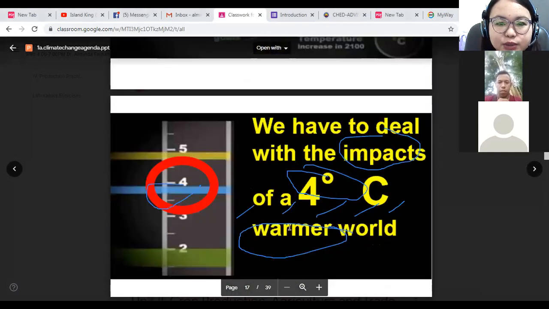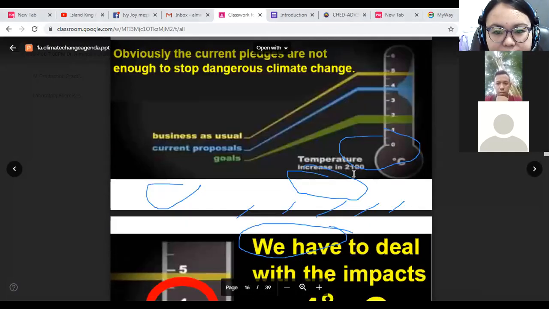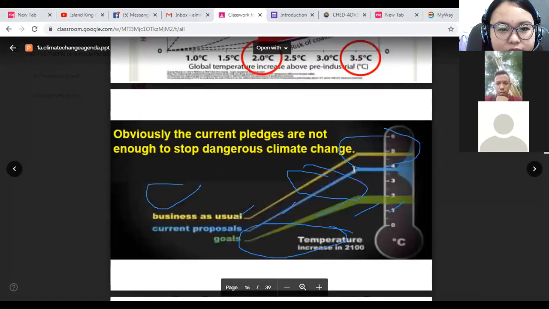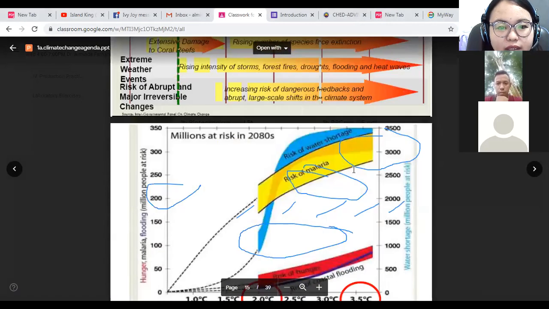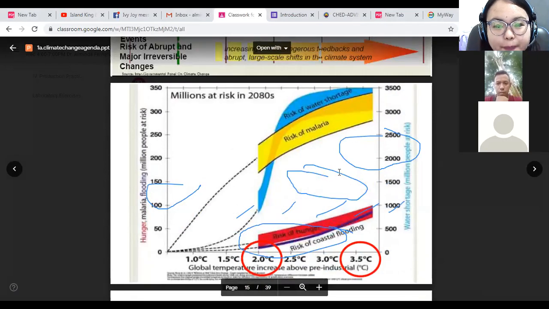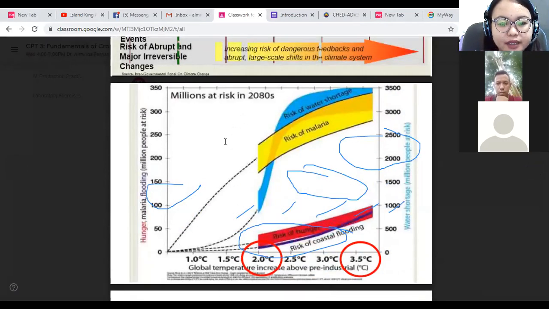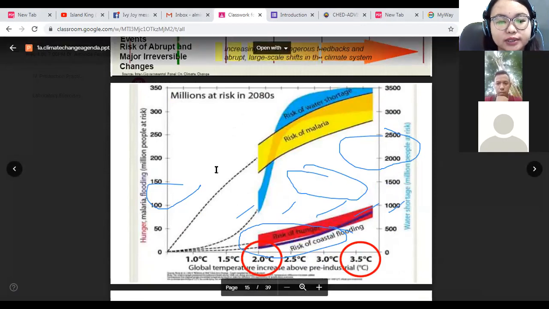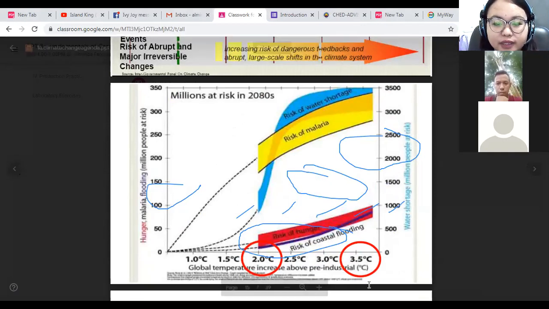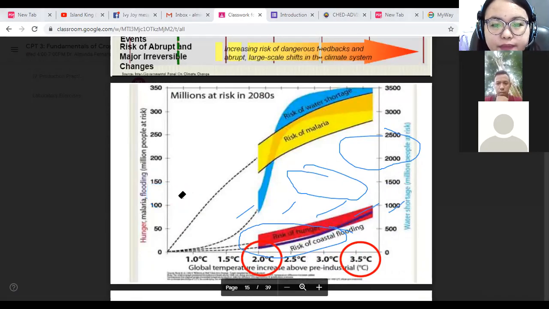So to fast track, this slide will show you also the increase of the different, wait lang, erase ko muna to.